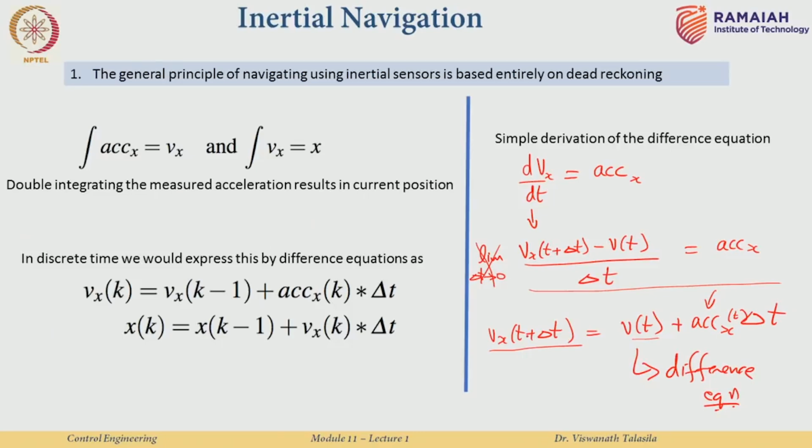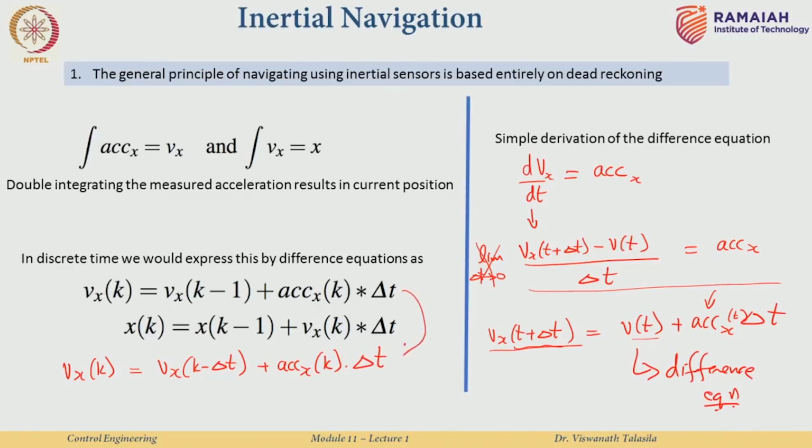So, if I write this equation over here, it will look as follows. Vx(k), note that in my case I took t plus Δt, in this case I am taking k because I am doing a k minus Δt in the other place. So, Vx(k) is nothing but Vx(k − Δt) plus acceleration x times Δt.